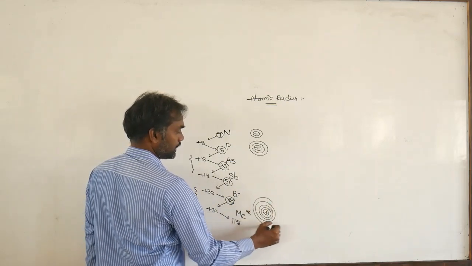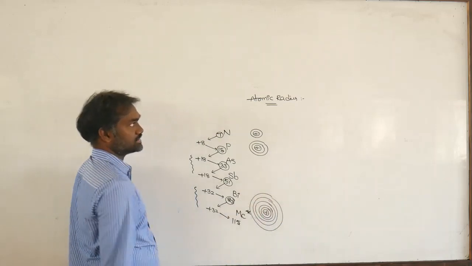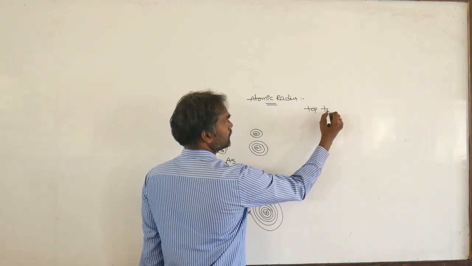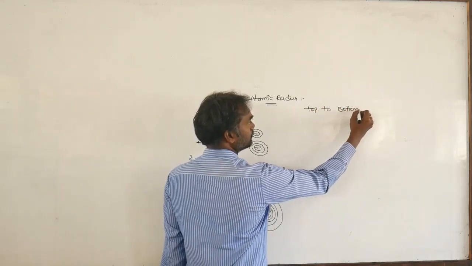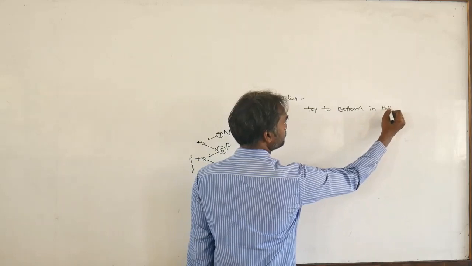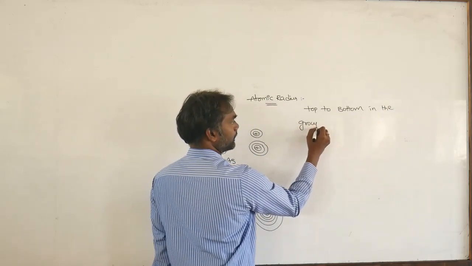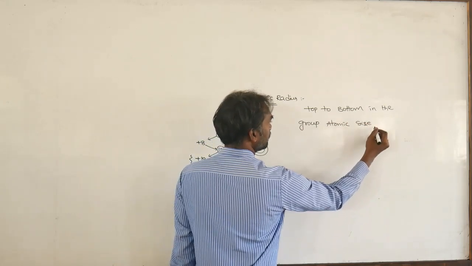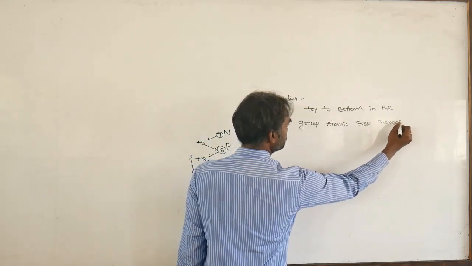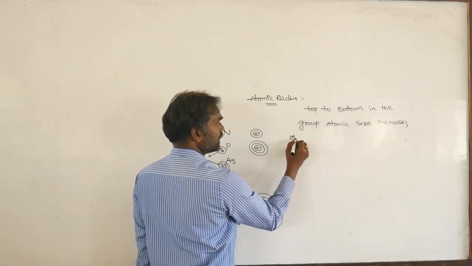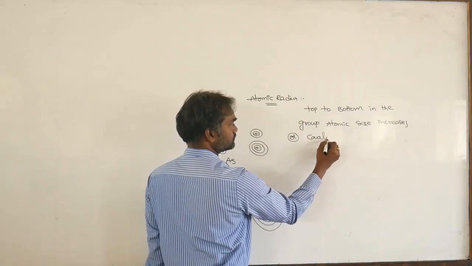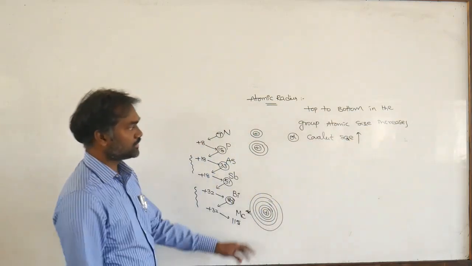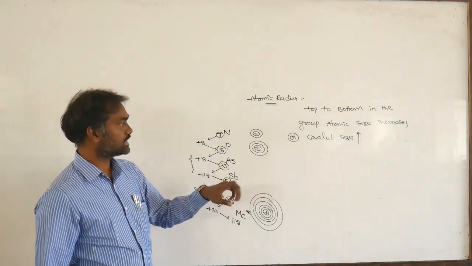So from top to bottom in the group, the atomic size increases, and the covalent size also increases.